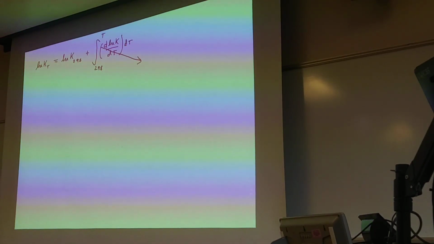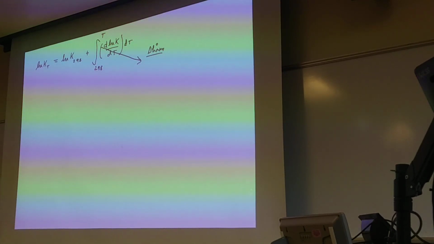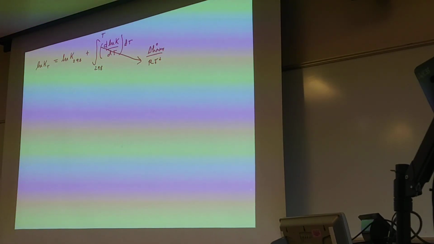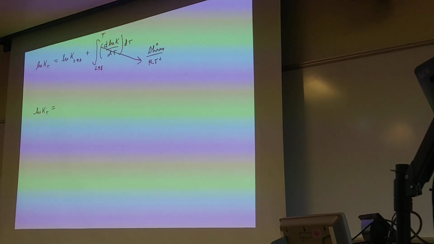But what we've shown is that this is equal to the standard heat of reaction over RT squared. So what I've got is the general relationship for the equilibrium constant at any temperature of interest, and now I can plug in the value that I worked out on the previous page. It's convenient to write that out.